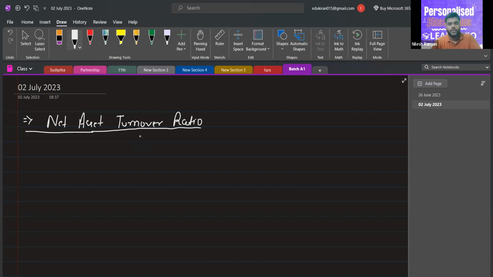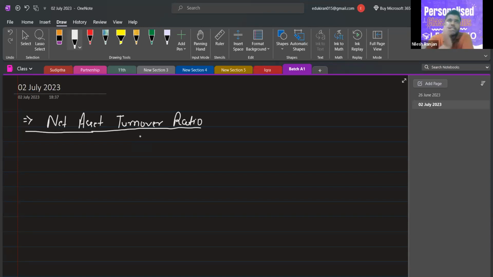Ritika, can you tell me the meaning of net assets? Sir, I'm not sure. And do you know the meaning of total assets and external liabilities? Total assets, I know, sir. External liabilities, no, sir.